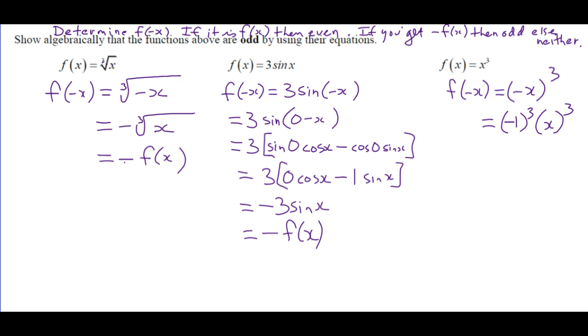This is a power of a product, so you raise each part of the product to the power. Negative 1 cubed is negative 1, so this is negative x cubed, but x cubed is f of x. So f of negative x is negative f of x, and it's odd.